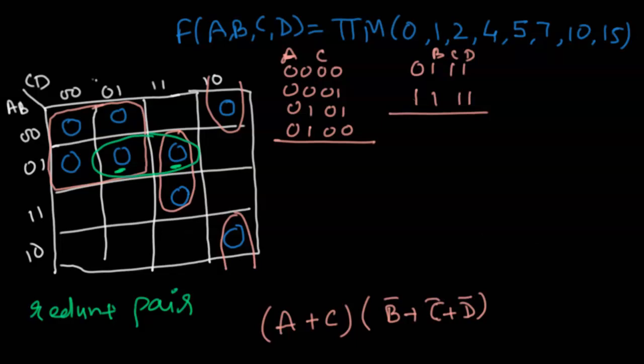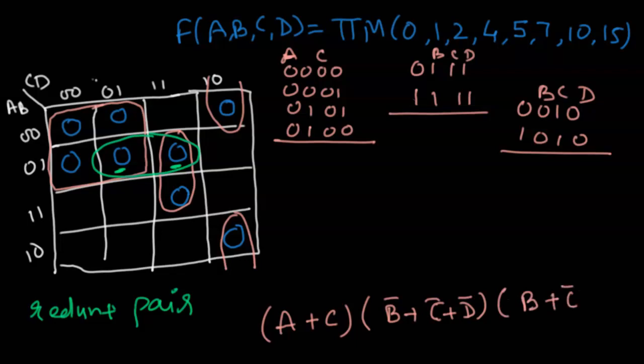And next, for the third group, we have 0 0 1 0 and then 1 0 1 0. So what we have in common is B, C, D again. So we have B plus C bar, because C is 1, and then D.